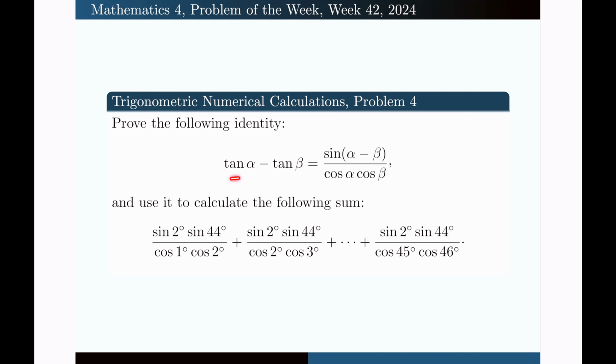Prove the following identity: tangent alpha minus tangent beta equals sine of alpha minus beta over cosine alpha cosine beta, and use it to calculate the following sum: sine 2 degrees times sine 44 degrees over cosine 1 degree cosine 2 degrees, plus sine 2 degrees times sine 44 degrees over cosine 2 degrees cosine 3 degrees, and this continues until we reach the fraction sine 2 degrees sine 44 degrees divided by cosine 45 degrees cosine 46 degrees.